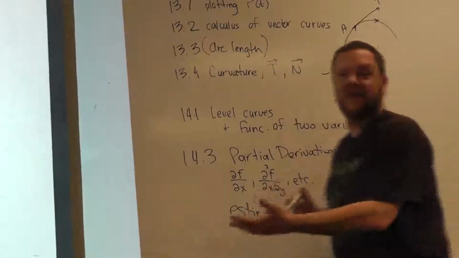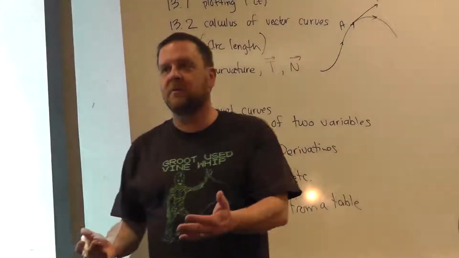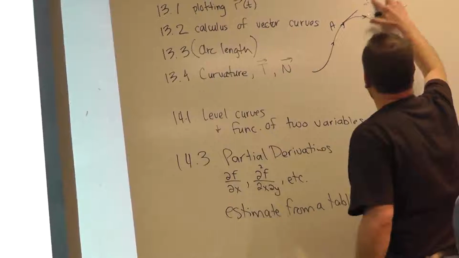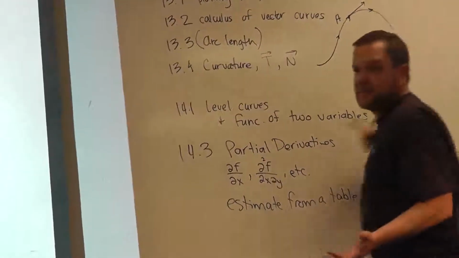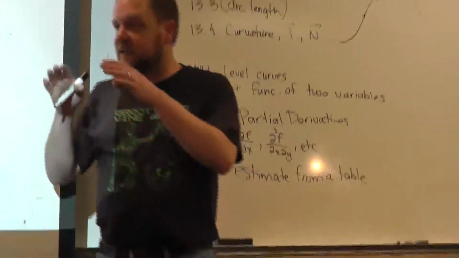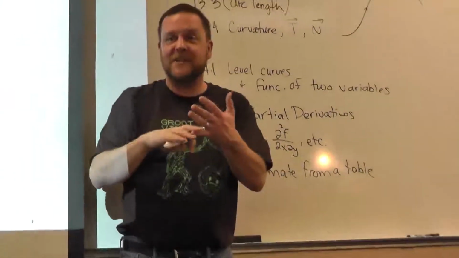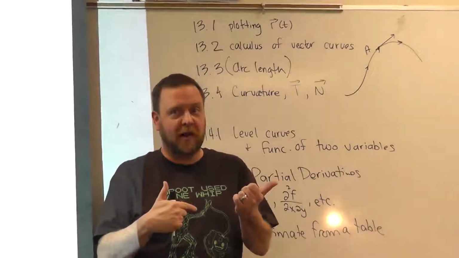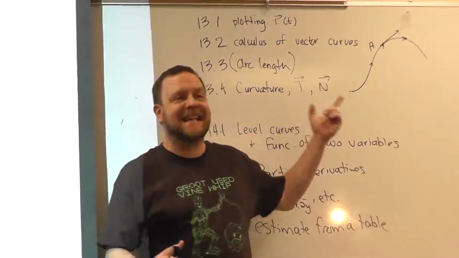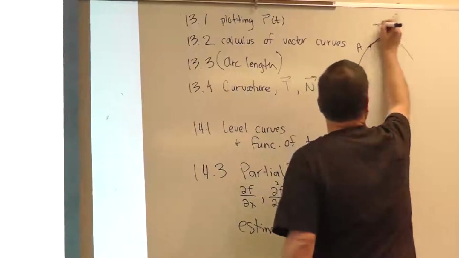Now notice there's no scale imposed here. Some of you may say the unit tangent vector is that long. Some of you may go 2 or 3 times longer. But once you set the scale for your unit tangent vector, that also sets the scale for the length of your unit normal vector. So if I set that scale for my unit tangent vector here, what would the unit normal vector look like at A?